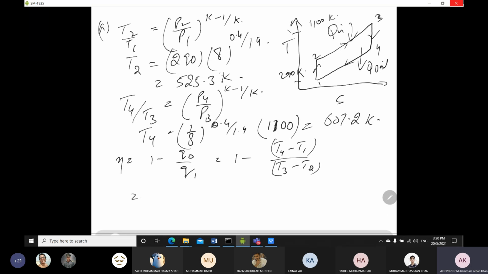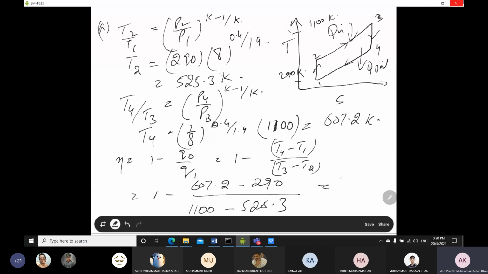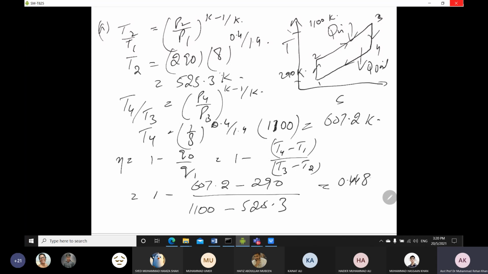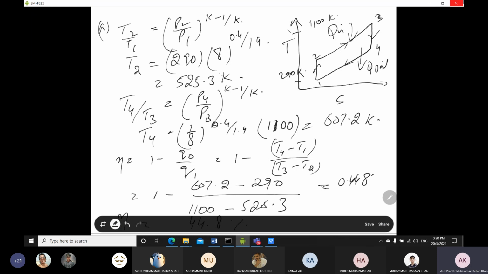Simply put in all the temperature values: 1 minus (607.2 minus 290) over (1100 minus 525.3), and this will be equal to 0.448. Now the main objective of part A is to find the power delivered.